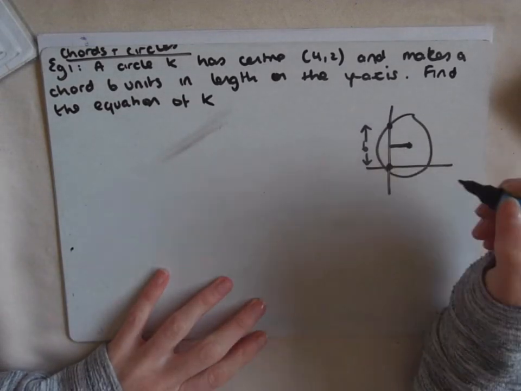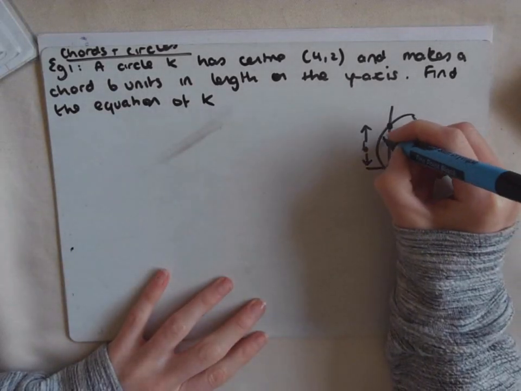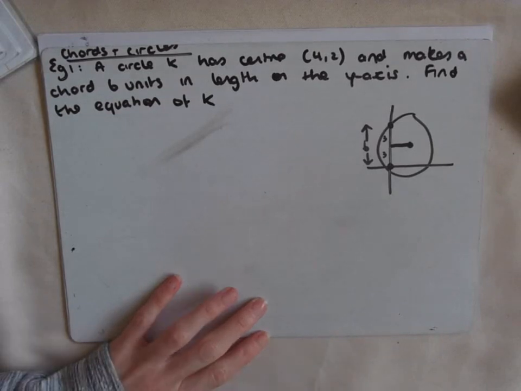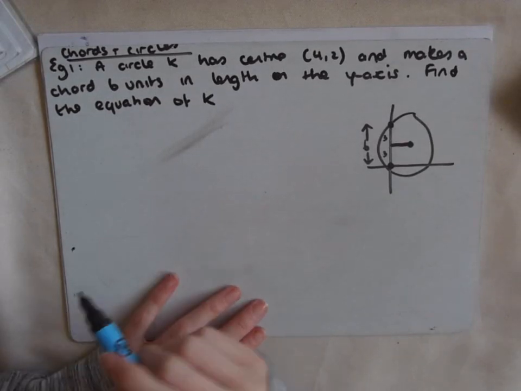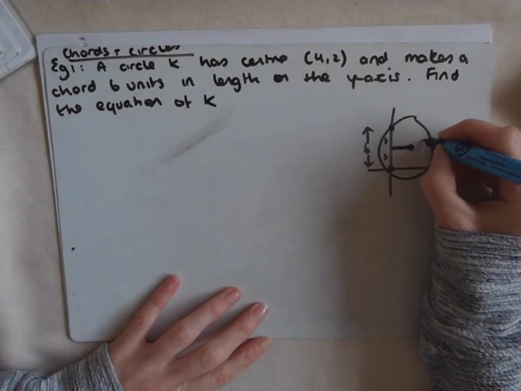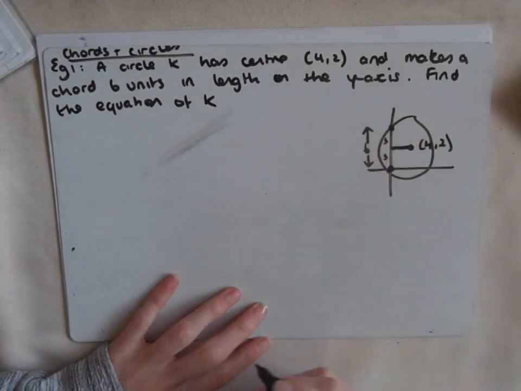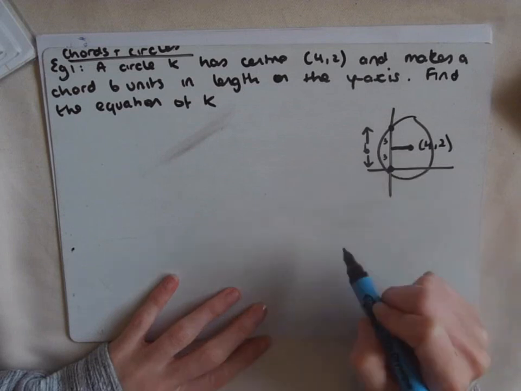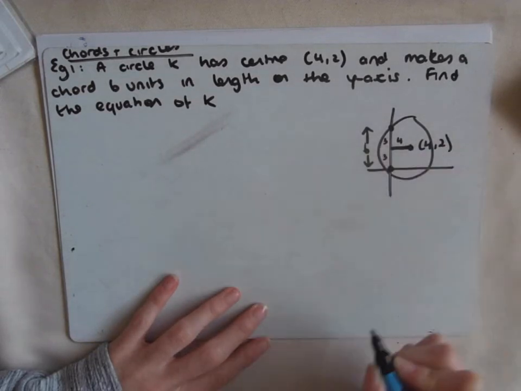So I know that this bit here would be 3 and this bit here would be 3, if the chord is 6. Now, the center is 4, 2. So I know from here to here is 4, so that there is 4.